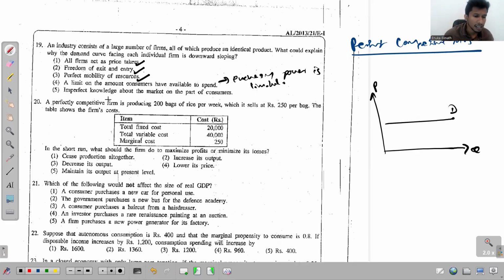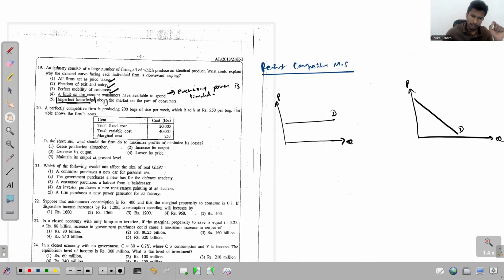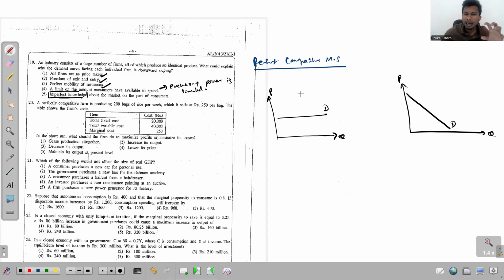The fifth one says imperfect knowledge about the market on the part of consumers. Now, having perfect information is a quality of the perfectly competitive market structure. But if imperfect information is available, the consumers are unaware about the product quality and the prices in other markets.